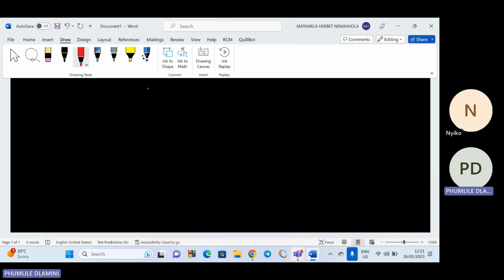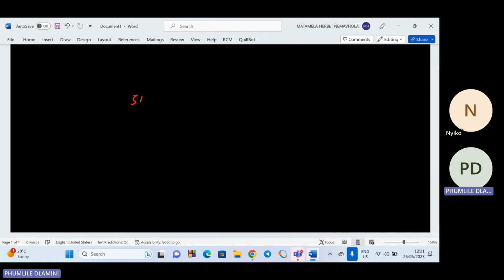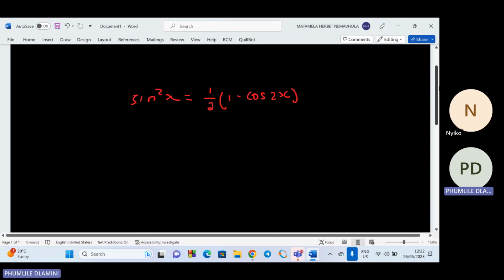The first identity that you must know is that sine squared x equals 1 over 2 times 1 minus cos 2x. Did you know about this identity? There are two of them, one for sine squared x and one for cos squared x.